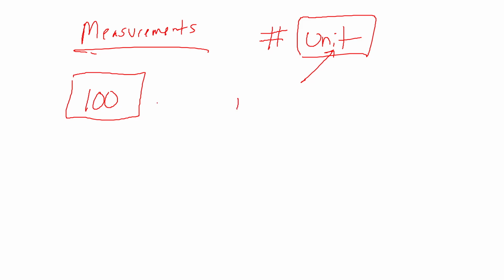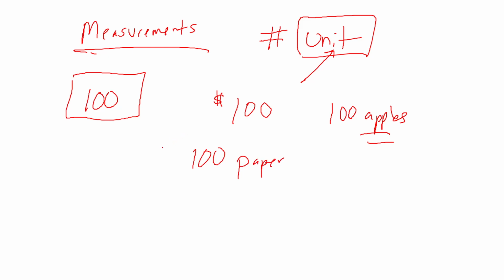I could have $100, which is awesome. I could have 100 apples, still good if you like apples. I could have 100 pieces of paper, in case you want to write a bunch of stuff. So the number doesn't really help you if you don't have the unit.